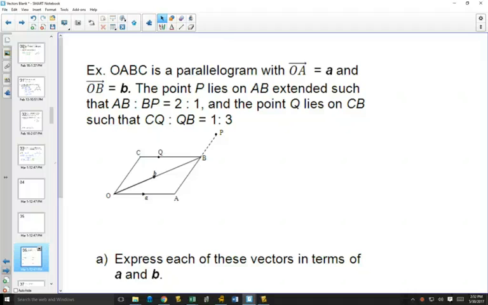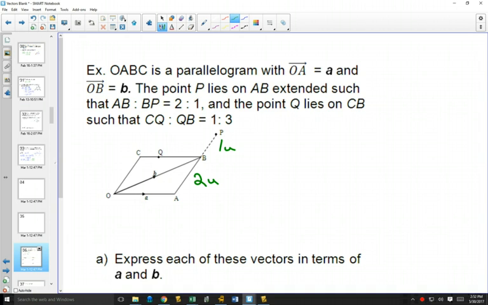And we know that O to A is A and O to B is B. And we know that there is a point P, so that the ratio between A to B and B to P is 2 to 1. So what that means is that if this length is 2, this length is 1. Whatever unit we decide, that A to B is double the length of B to P.